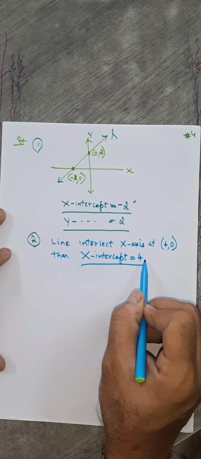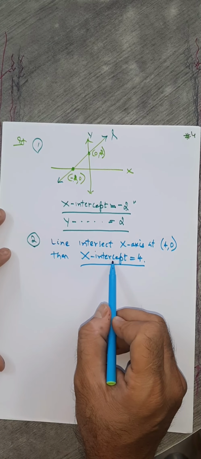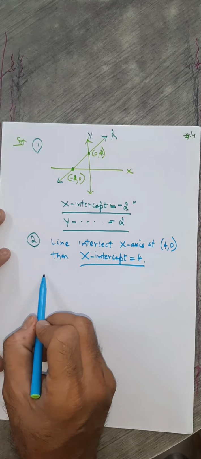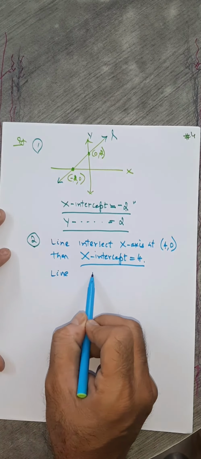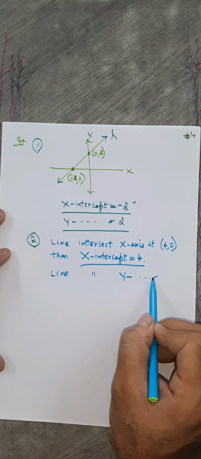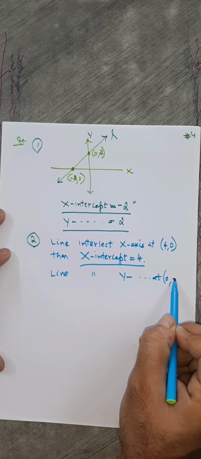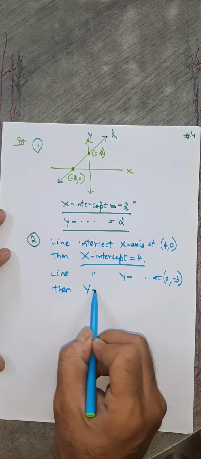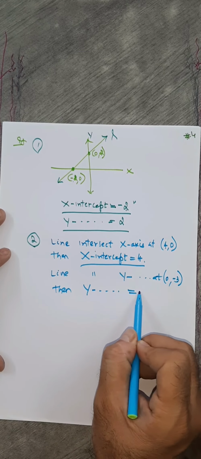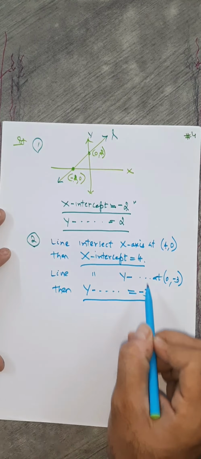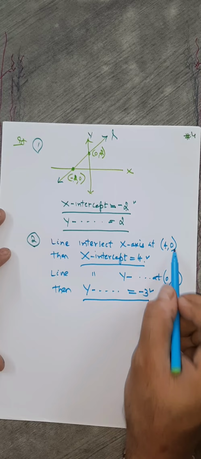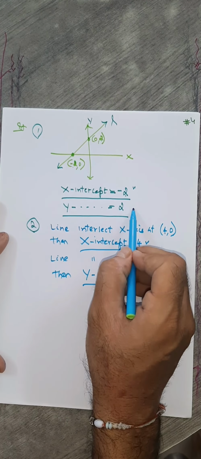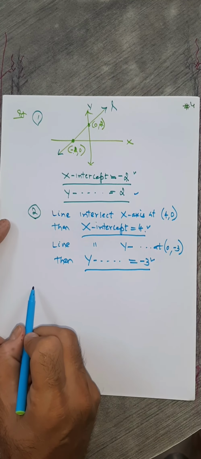Another way of writing: the intercept is the point where the line intersects the x-axis. And in the same way, if the line intersects the y-axis at, let's write 0 comma minus 3, then your y-intercept would be minus 3. So from the intercepts, you can write the points. And from the points, you can write the intercepts. Clear? Okay.